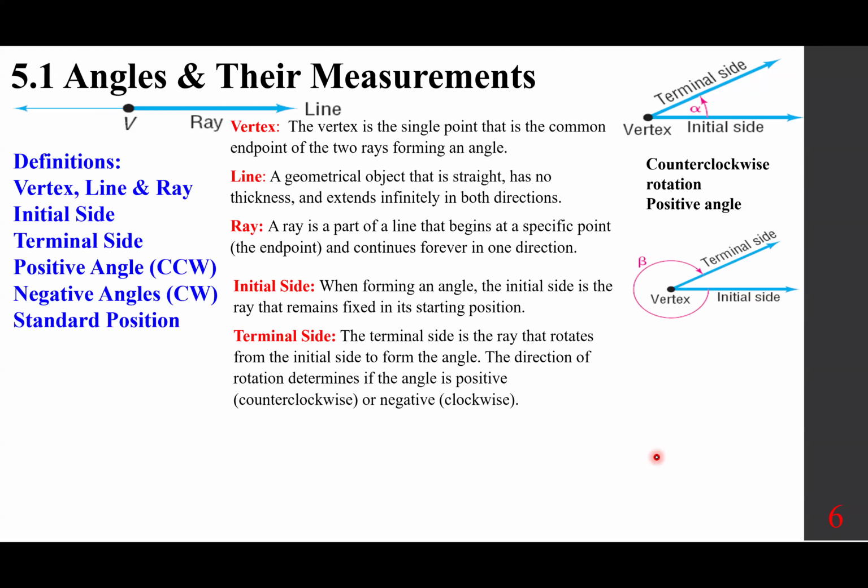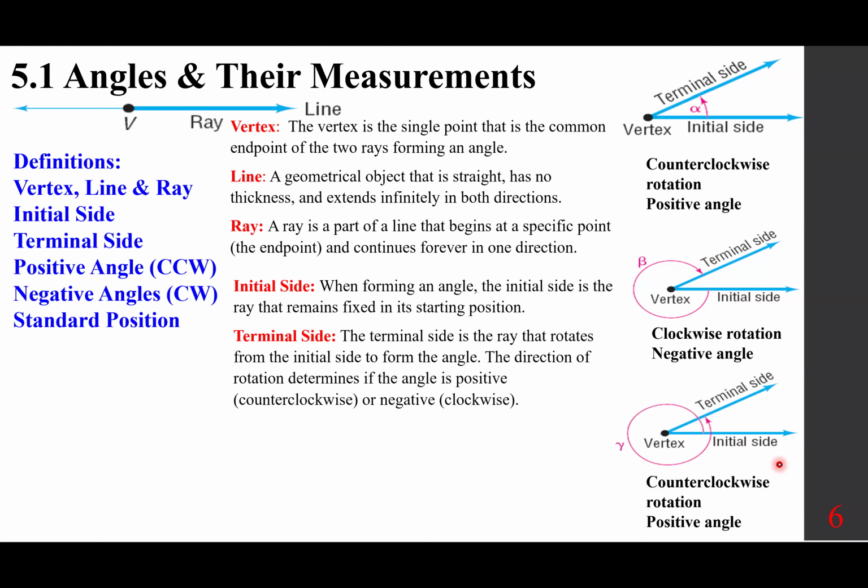So here's the initial side, here's the terminal side, and this is going counterclockwise, a positive angle, but this one is going the opposite way, clockwise, that's a negative angle. Now you can go a complete revolution and continue again. This is counterclockwise and it is positive.